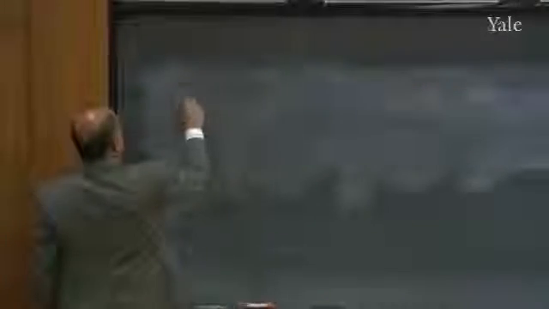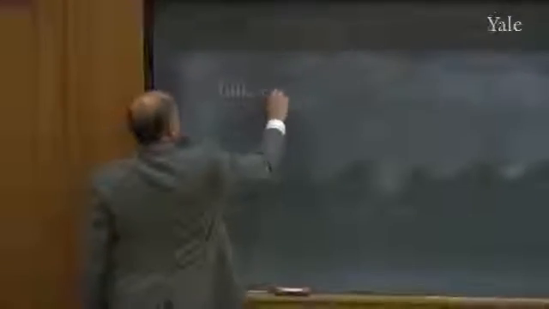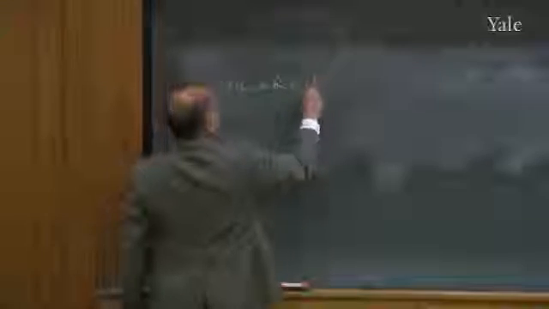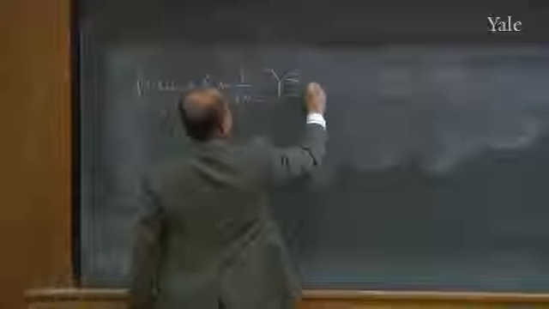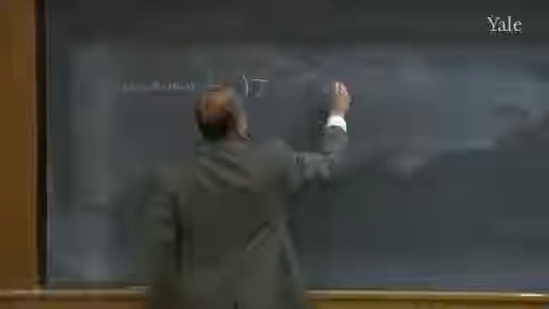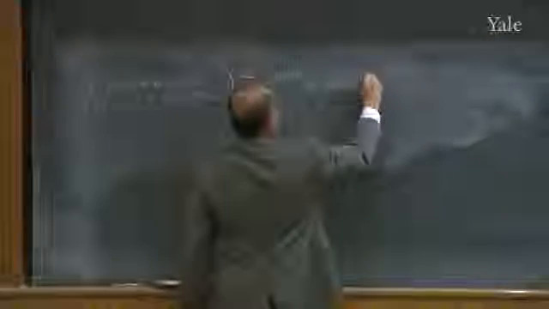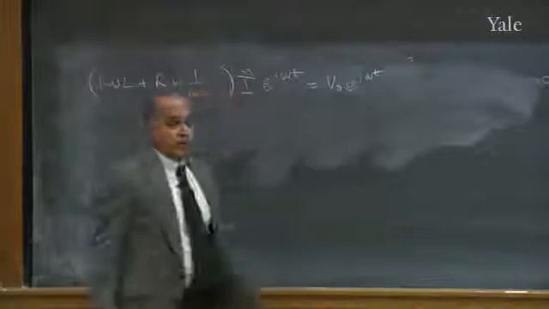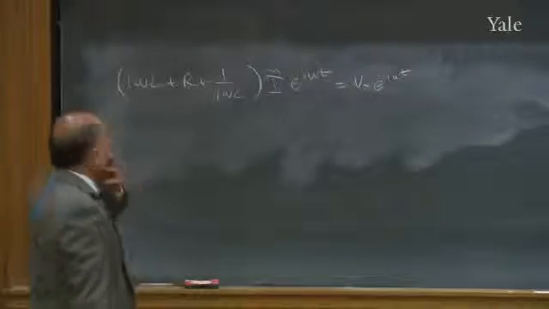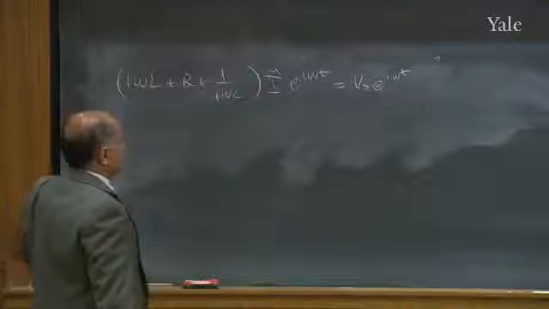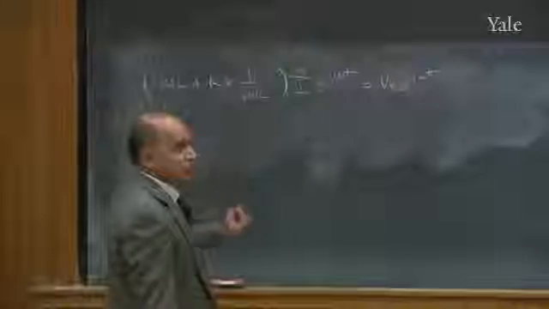So I wrote (iωL + R + 1/(iωC)) Ĩ e^{iωt} = V0 e^{iωt}. Everybody get that? That's because differentiating an exponential is just multiplying by the exponent.